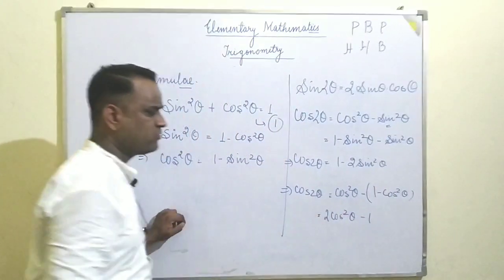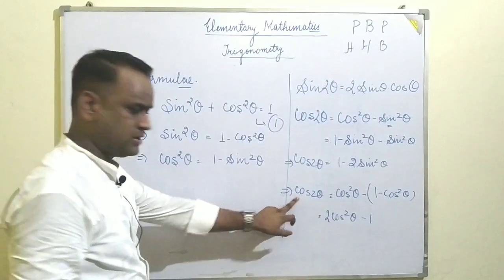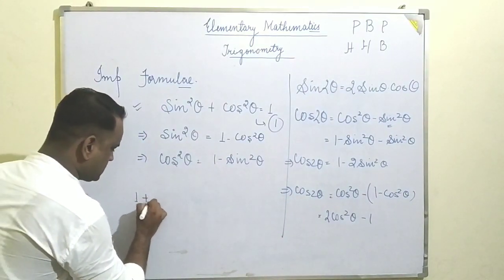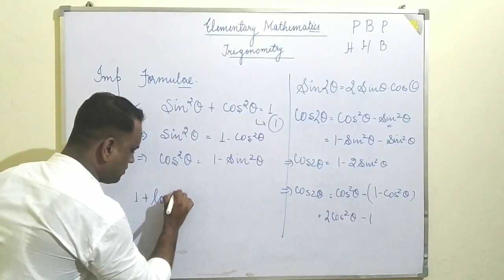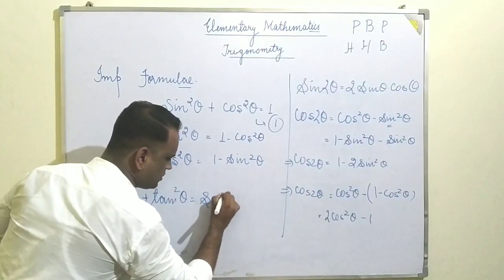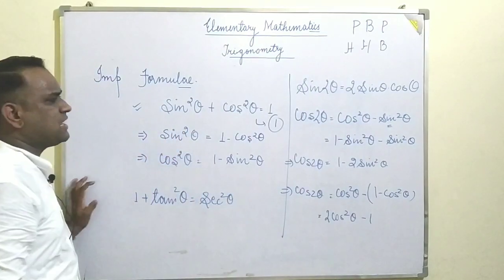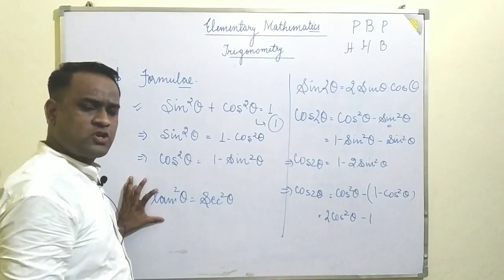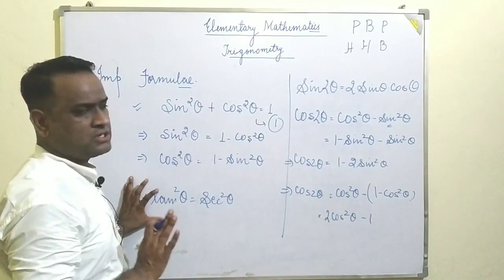And the next identity is 1 plus tan square theta is equal to sec square theta. So these are the basic formulas and identities which may be used for solving our numericals in physics.